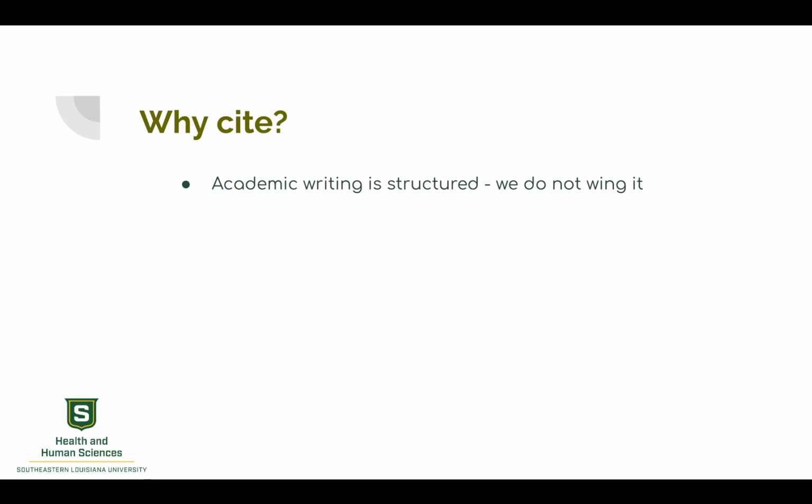The thing to know is that academic writing is structured. This means we do not wing it here. You have to be very structured in the way that you are writing, when you're writing academically or when you're doing academic speeches. And part of the structure is that you need to cite your evidence.